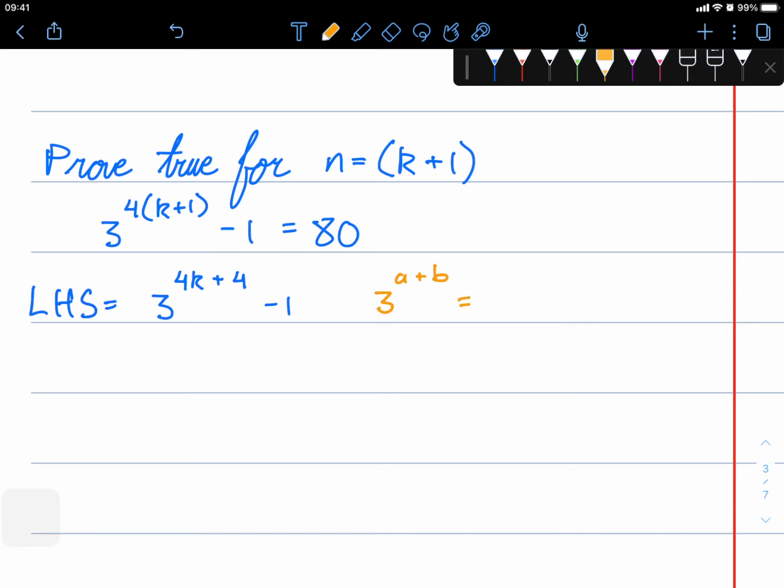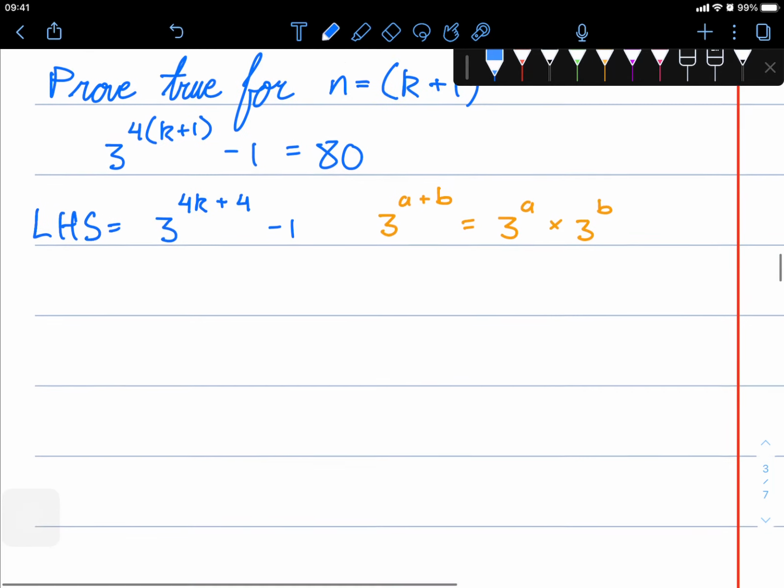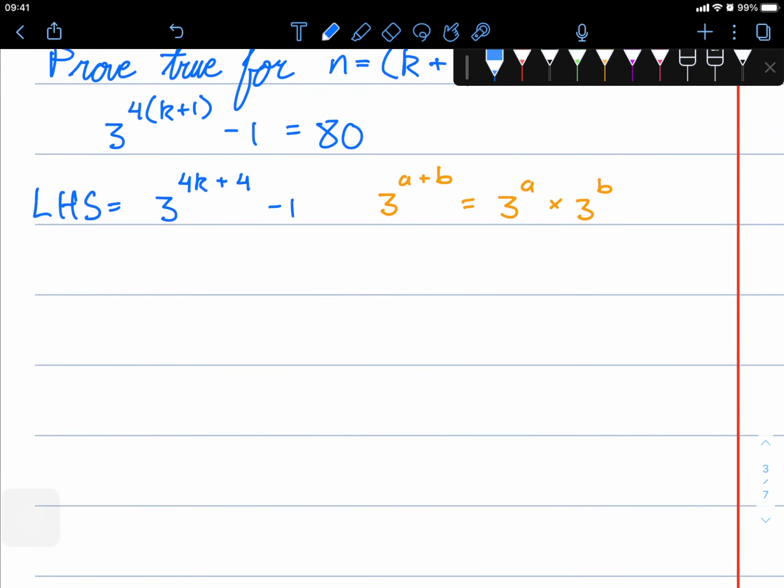Well, by index laws, this is 3 to the power of a times 3 to the power of b, because remember, with the same bases, the indices will add. So we're going to split this apart into becoming 3 to the power of 4 times 3 to the power of 4k. You'll see why I ordered them in this manner. Because now, whoops, sorry, I nearly forgot, there's that minus 1 there.